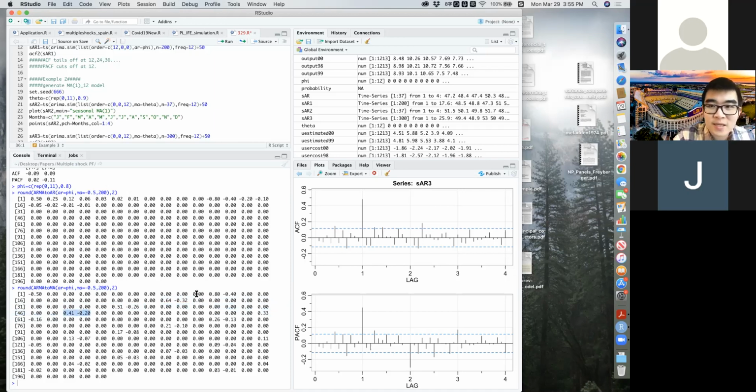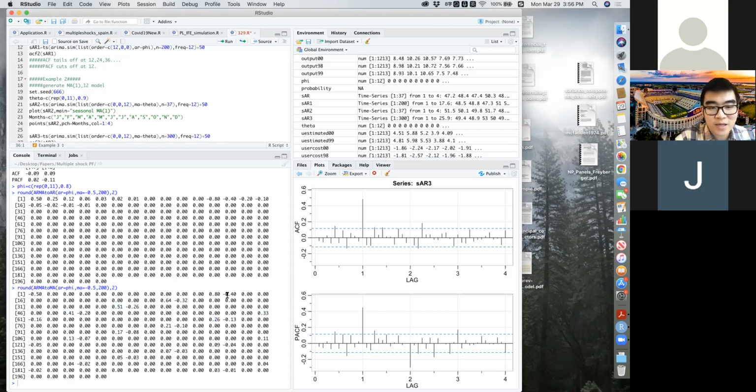The thing you can notice here is that for lag 12, the coefficient is 0.8. For lag 24, the coefficient is 0.64, and then 0.51, 0.41, 0.33, 0.26. So you can see a decreasing pattern of the lag 12 coefficient.